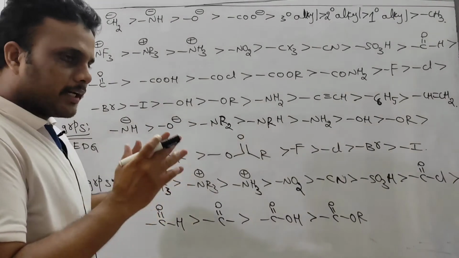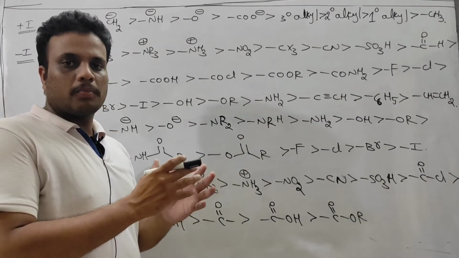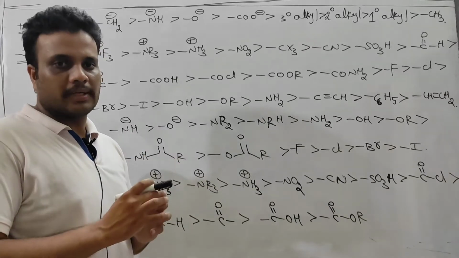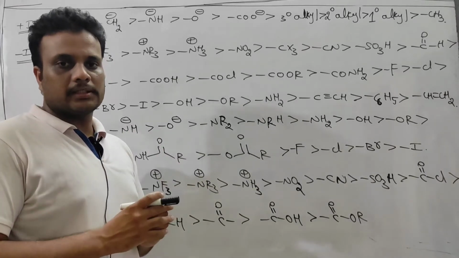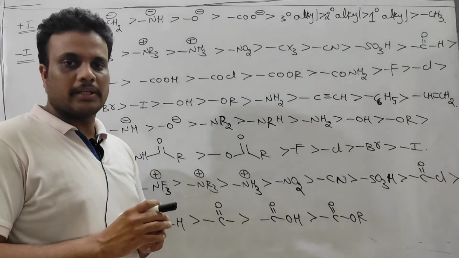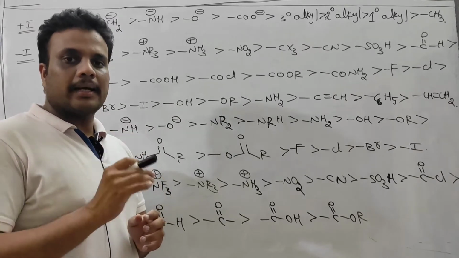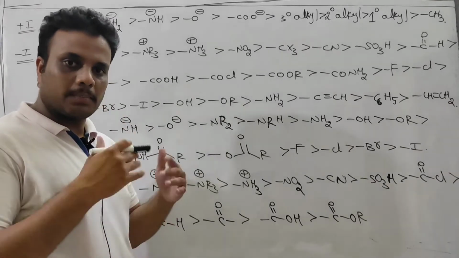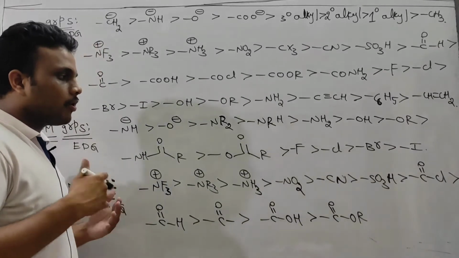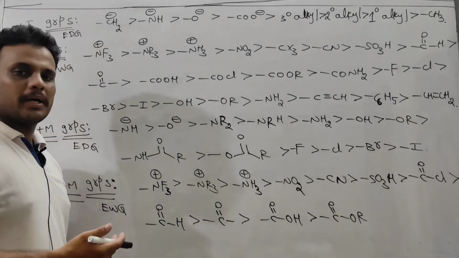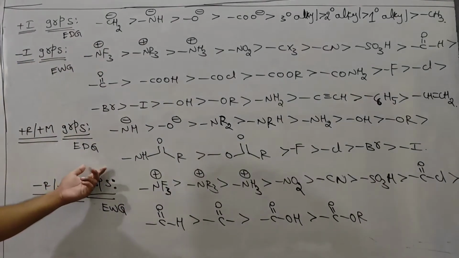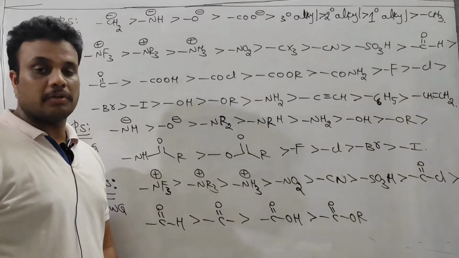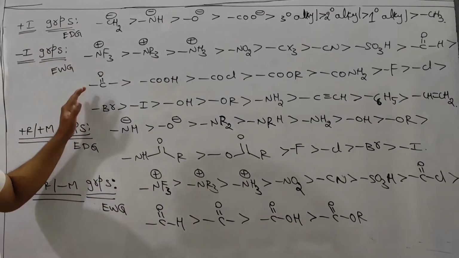A group that behaves as an inductive group as well as a resonance group, we know very well. But in a non-conjugated system and at the meta position of the benzene ring, you have to take the inductive effect of that group, whether plus I or minus I. If it is a conjugated system or at the ortho or para position, you have to take the resonance effect of that group. This is the chief difference between inductive effect and resonance effect.